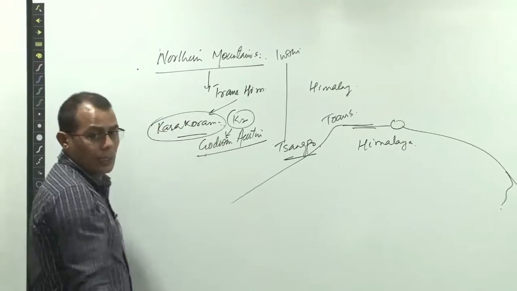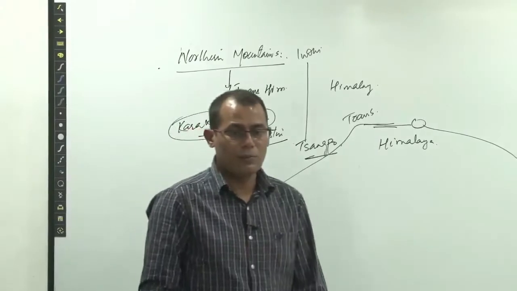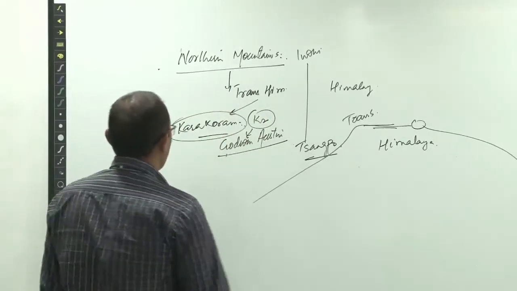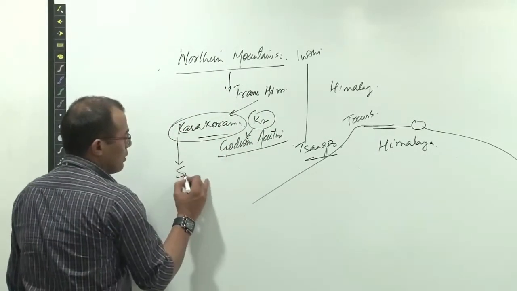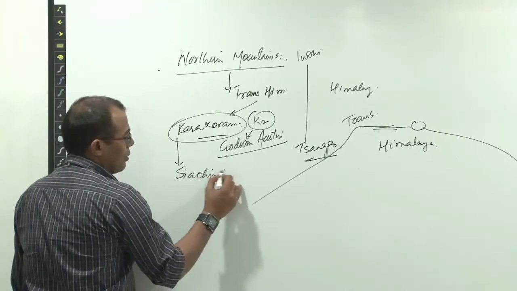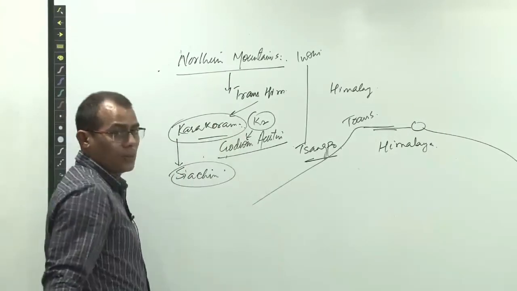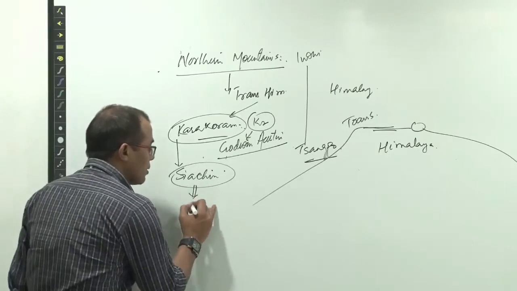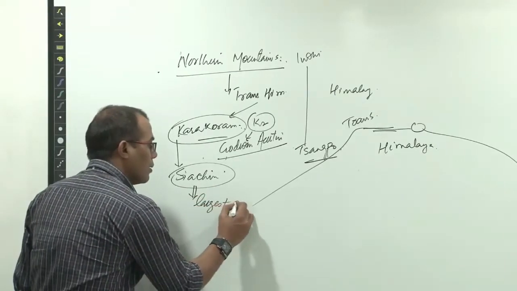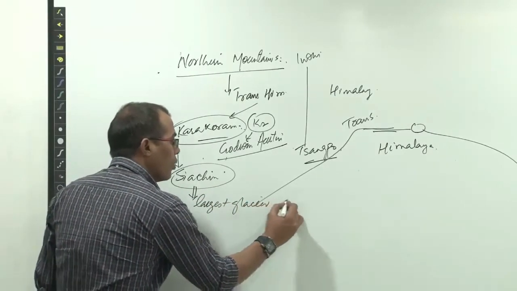Then if you look at Karakoram, look at the position of Karakoram. You have a good number of glaciers there. The largest one is Siachen, in which you have K2, Godwin-Austen. Siachen is the largest glacier outside the polar world.